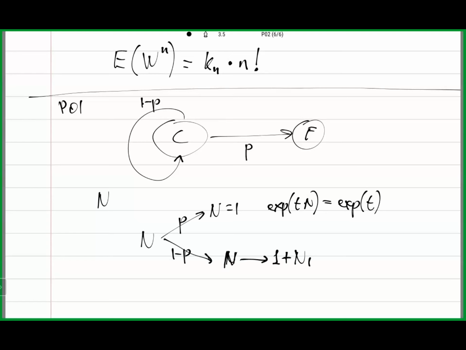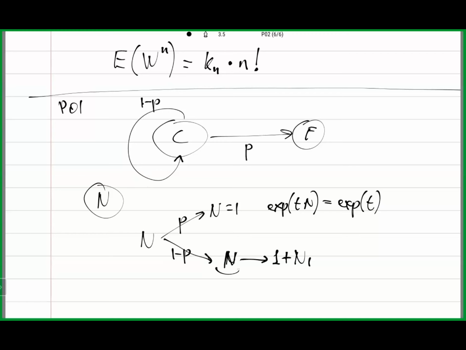So what changes? n is the number of steps we need to do from state C to F. We spend one step to cycle, and we start again from the point C. If we start again from the point C, then the number of steps needed to finish the game is random once again.